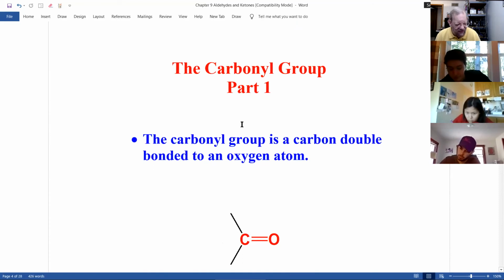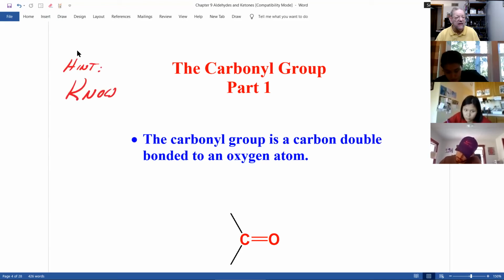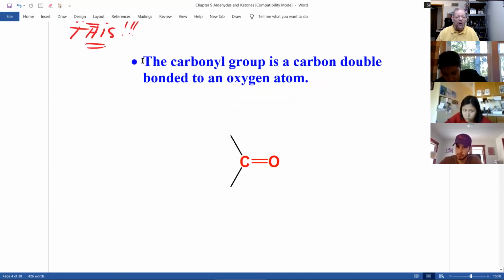Now, one of the most important things, in my personal opinion, in organic chemistry is the carbonyl group. I'm going to be subtle today. Know this. And what's the carbonyl group? The carbonyl group is a carbon double bonded to oxygen atom.